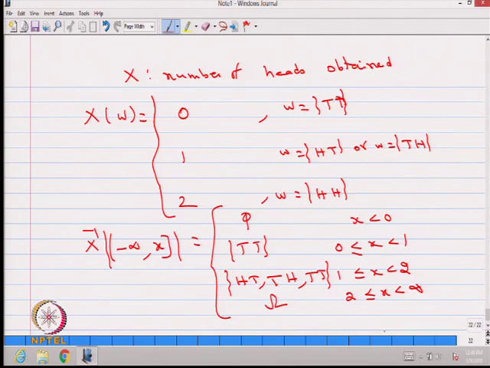Now, we have to verify whether these 4 elements belong to F or not.